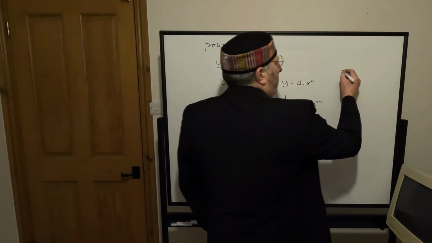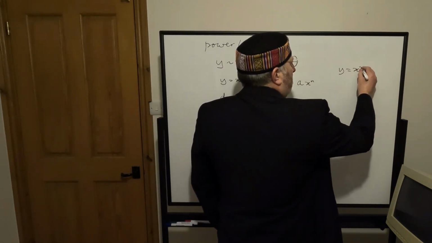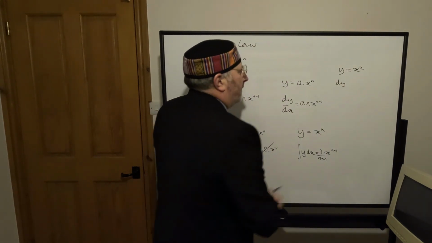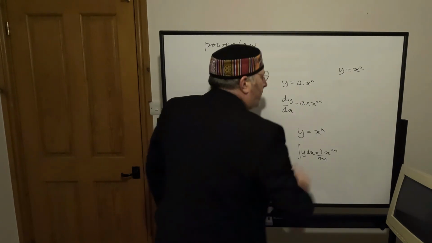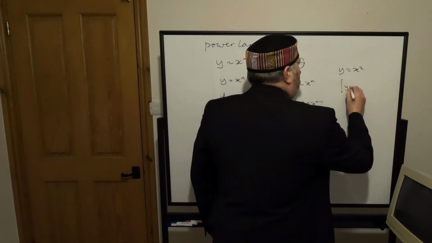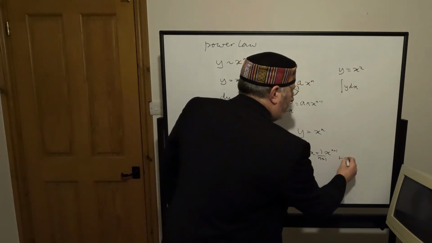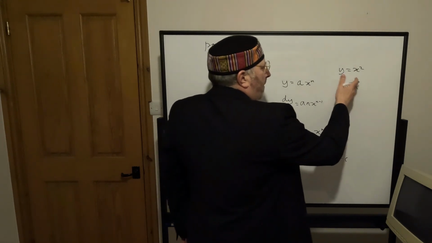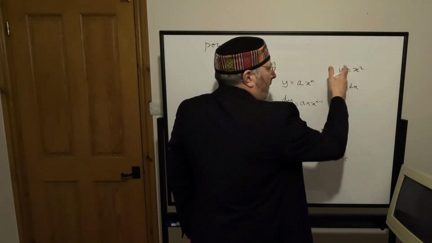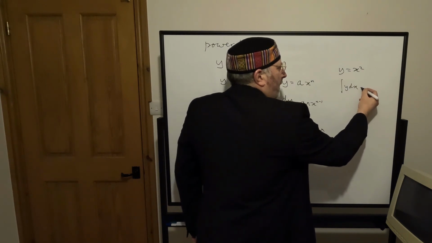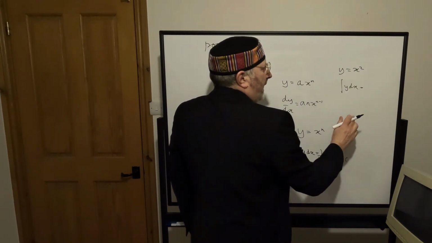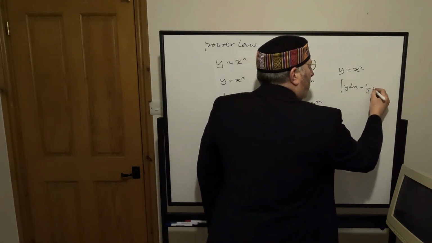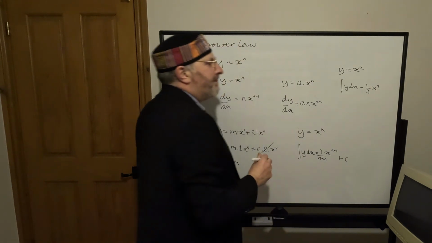So, for example, if y equals x squared, taking the integral of y dx, of course I should add a c because we're dealing with indefinite integrals here, is going to be integrating x squared, applying this rule, 1/3 x cubed.